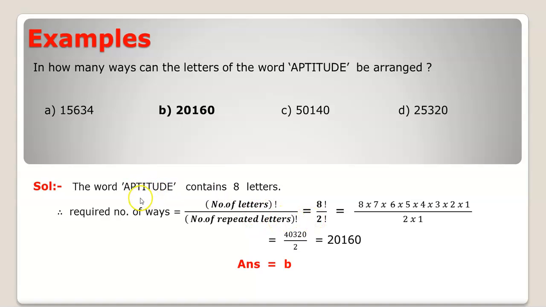T is repeated twice. Observe this word: T is repeated twice. That's why 2 factorial. So 8 factorial, which is 8 into 7 into 6 into 5 into 4 into 3 into 2 into 1, divided by 2 into 1, equals 40,320 divided by 2, which equals 20,160, and option B is the correct answer.